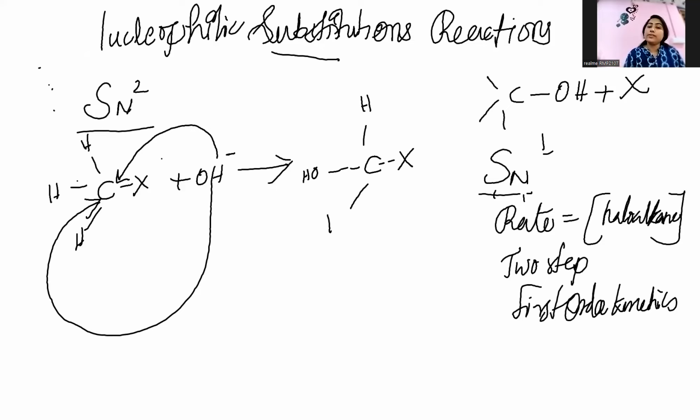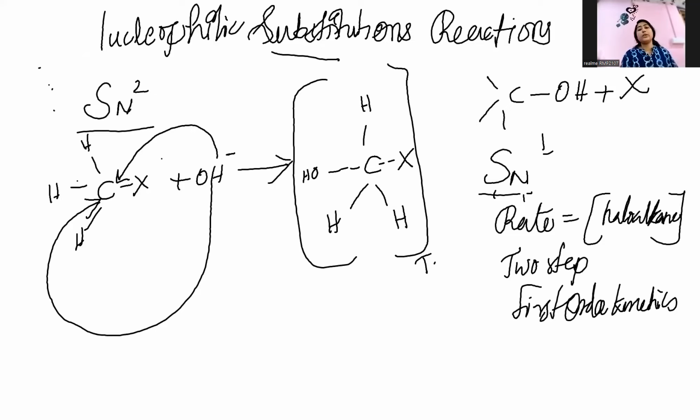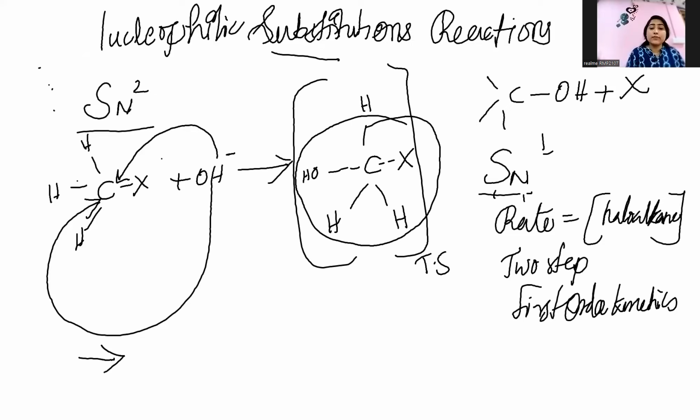These 3 hydrogens are present. This state is called a transition state. Look at this position: the carbon is bonded to 5 constituents. So this transition state is highly unstable, cannot be isolated, and very quickly forms the products. And this carbon has here hydrogen, here hydrogen, here hydrogen, and here OH.